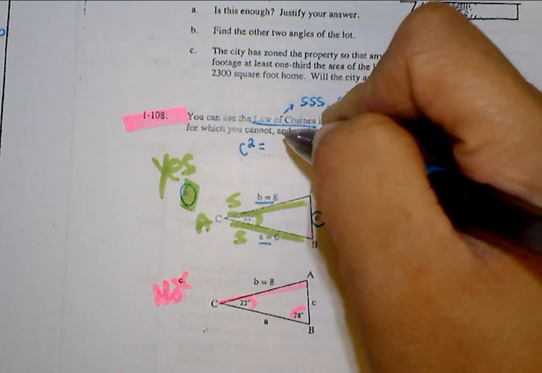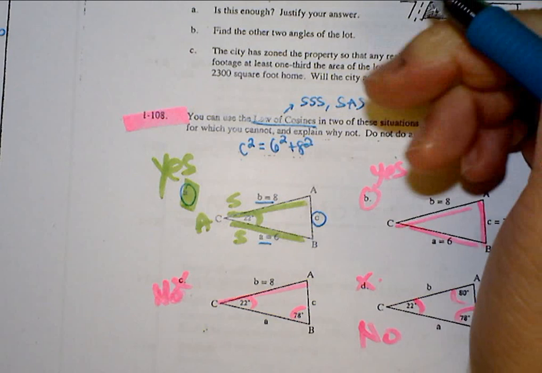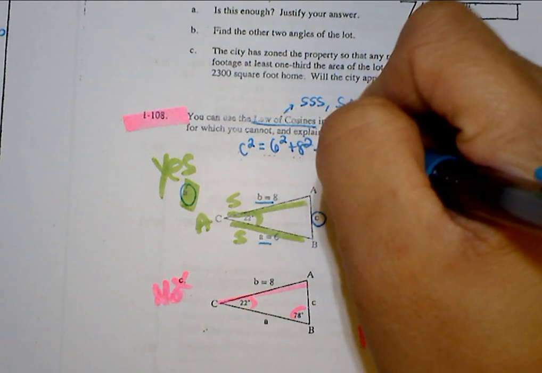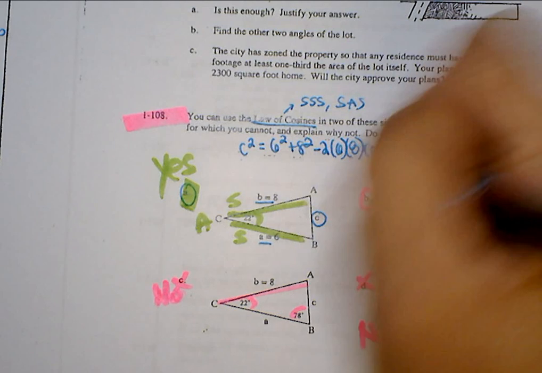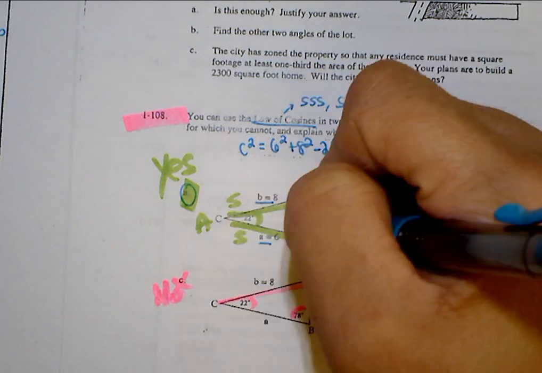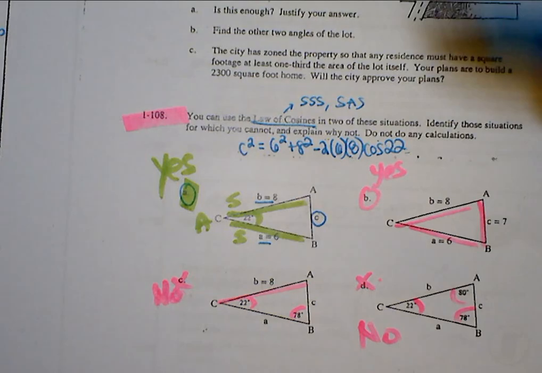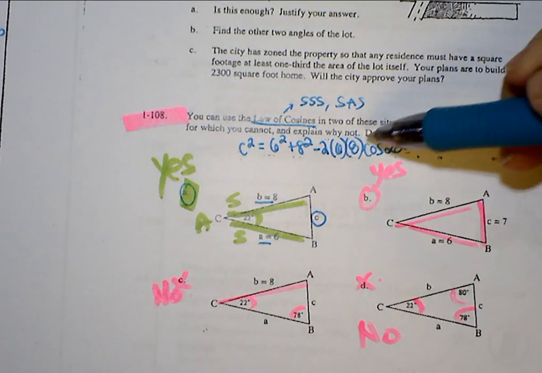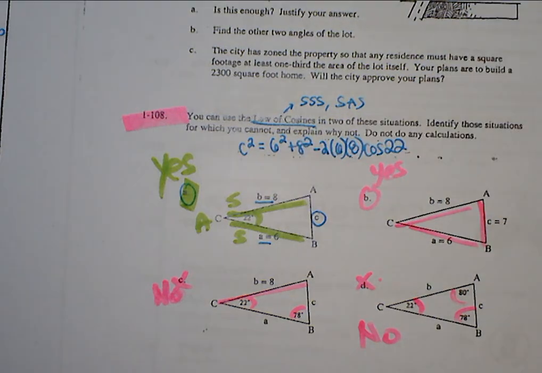So I can say c squared equals 6 squared plus 8 squared minus 2 times 6 times 8 times cosine of C, which is the angle included between 8 and 6, across from C, which is 22. And I could do that on my calculator. I could do cosine 22, multiply by 8 times 6 times 2, and subtract that from 36 plus 64. So I will be able to find C. So that's solvable.